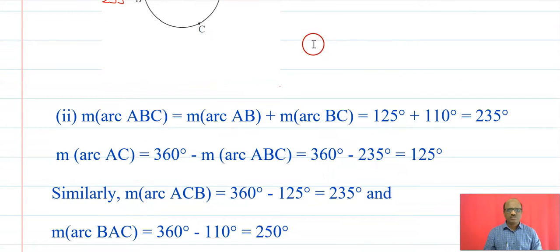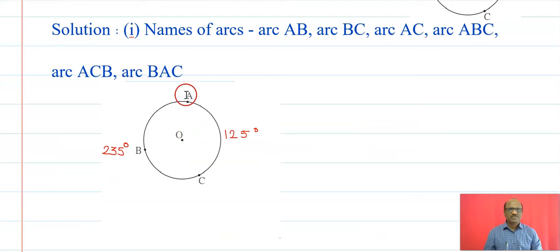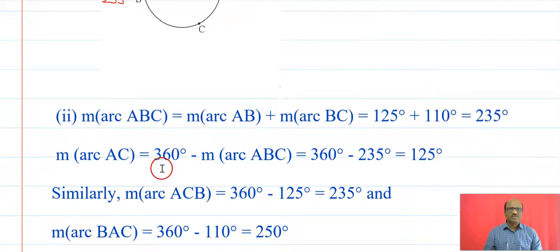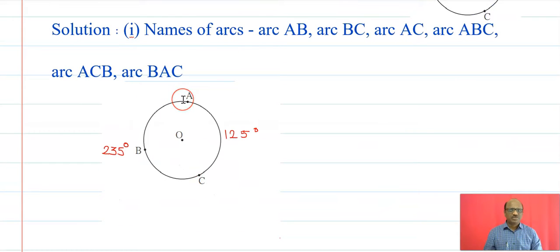We are given that arc AB is 125 and BC is 110, and the total is 235. The measure of arc AC is 360 minus the measure of arc ABC, that is 360 minus 235, which equals 125.